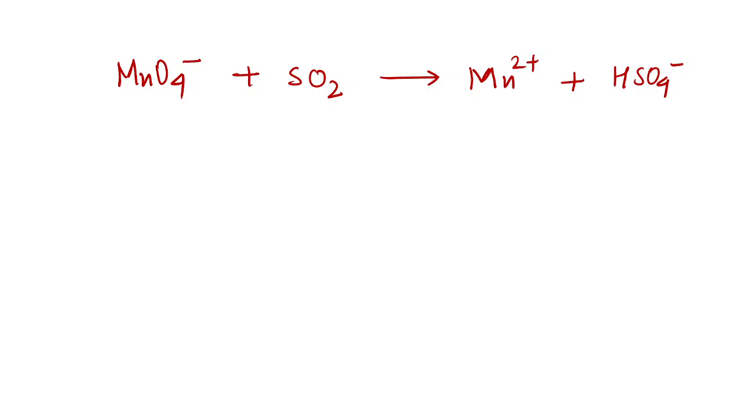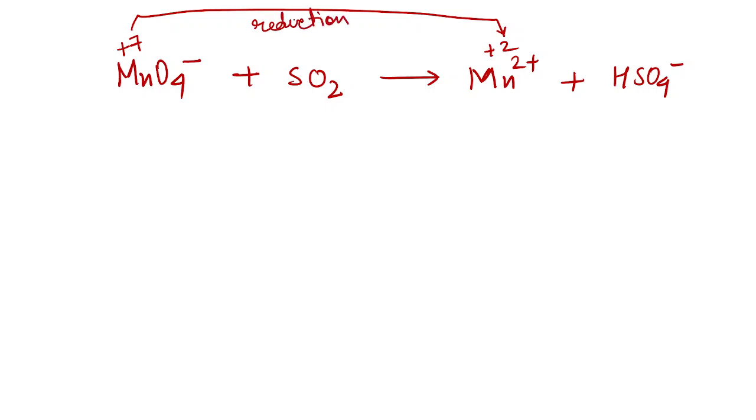First of all, we have to see the oxidation numbers here. In MnO4 negative, the oxidation state of Mn is 7. Here it is becoming plus 2. In the earlier compound it was plus 7 and it has become plus 2, it means that this is the reduction.